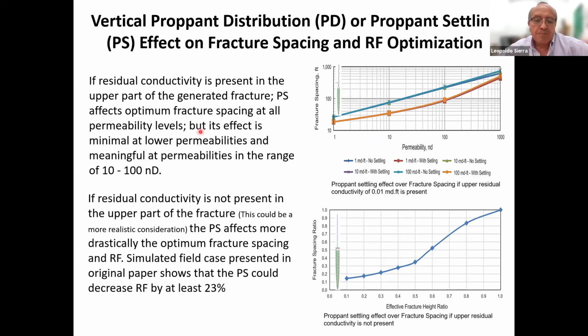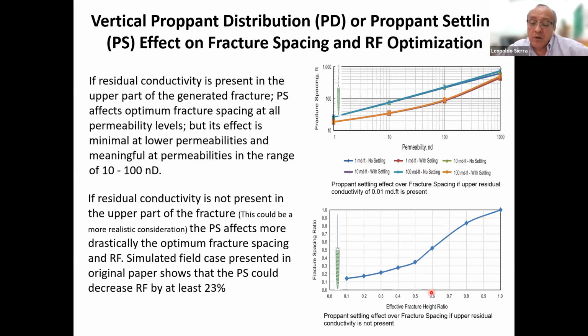So based on the simulation we're showing here, depending on the effective fracture height ratio, and using this picture, we're able to correct the effect of proppant settling, especially on the fracture spacing.